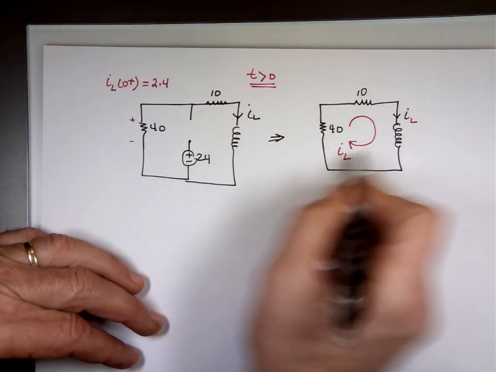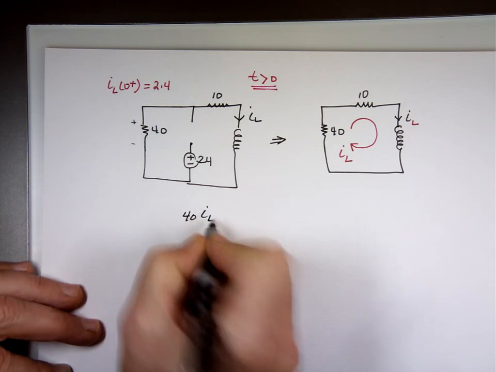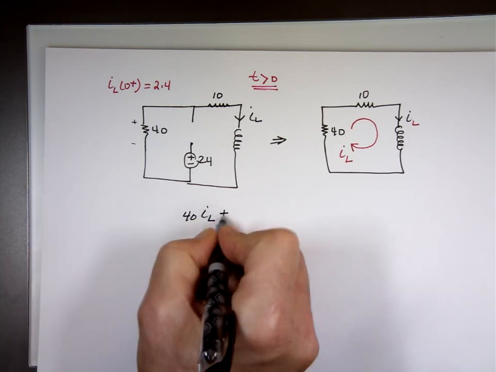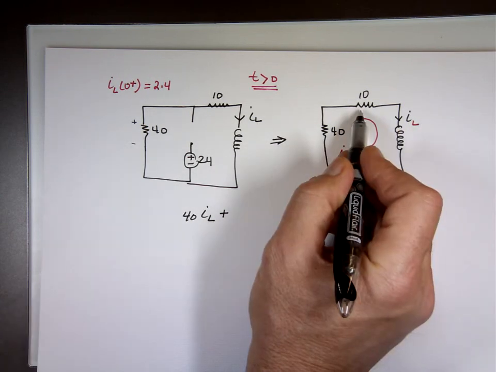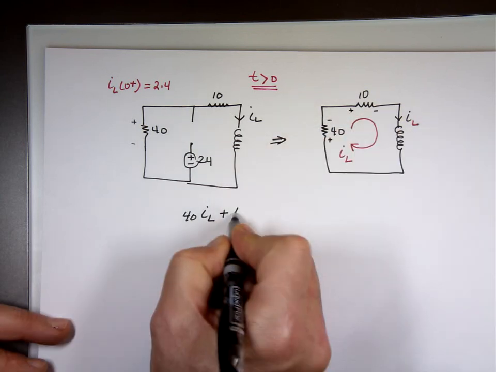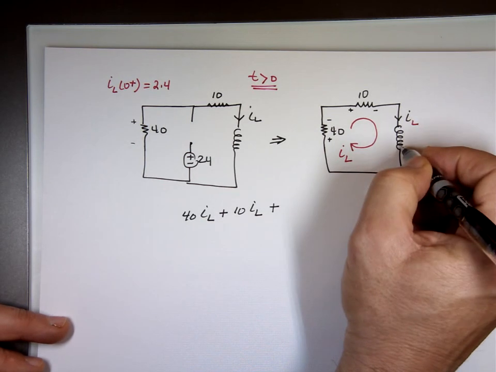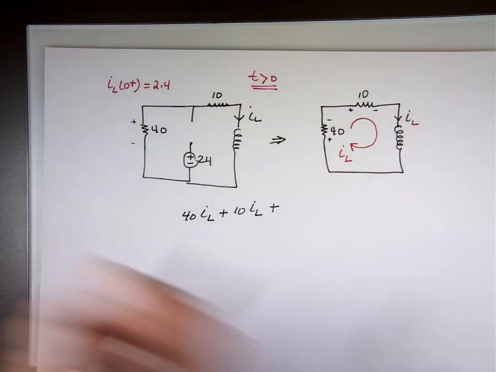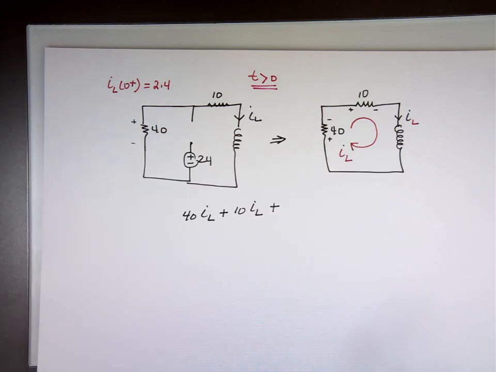This will be 40 times I sub L plus the voltage drop right here, which is what? 10 I sub L plus the voltage drop here. What's the voltage? Where's my cheat sheet? The voltage is L di dt. What was L? I forgot to write it here.